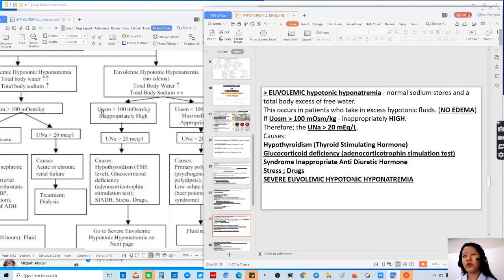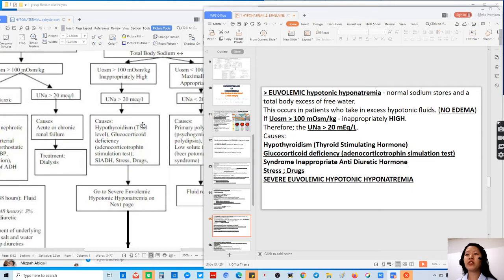And if the urine osmolality is greater than 100 milliosmoles per kilogram, it means inappropriately high. So therefore, the urine sodium level is greater than 20 milliequivalents per liter.